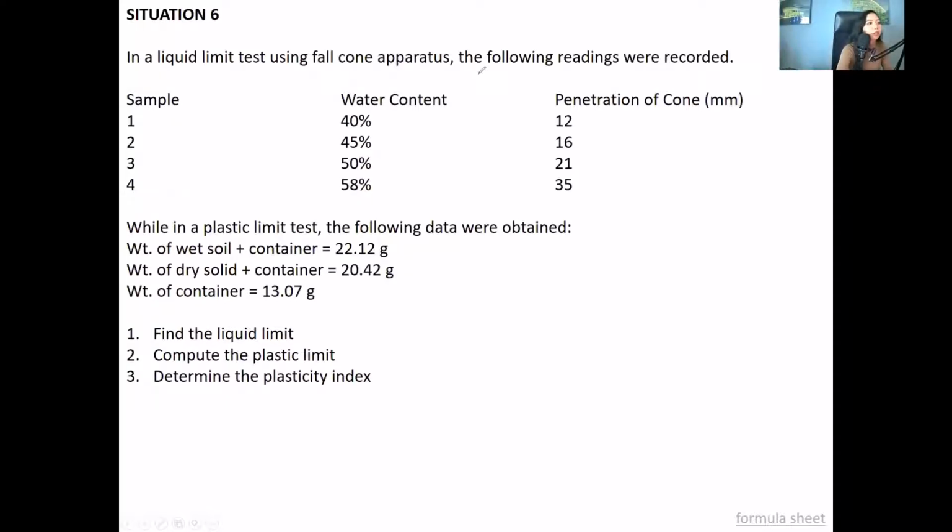We have a graph, in which the horizontal axis is the water content, and the vertical axis is the volume. Then we graph what happens to the volume as the water content increases. Usually, we have a graph like this.